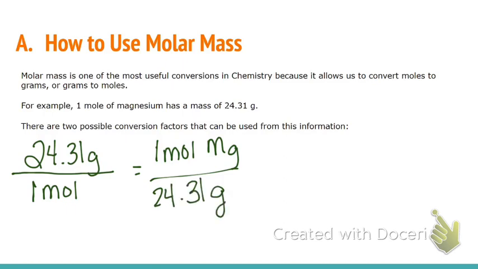Okay? So for any element off the periodic table, you can just look up its mass, and that is its molar mass. I stressed working on how to calculate molar mass for compounds, because that's where it gets a little bit trickier to make sure we understand where that information comes from.